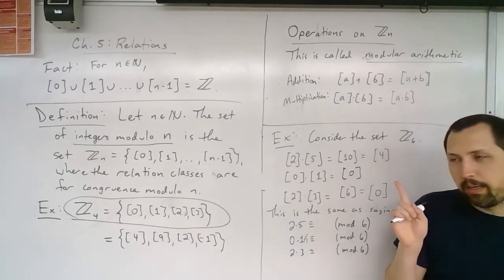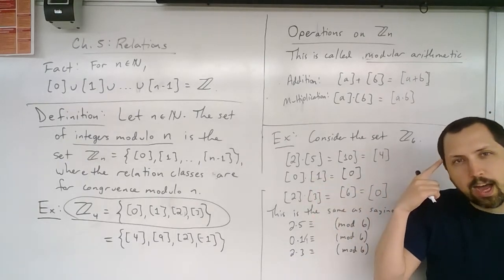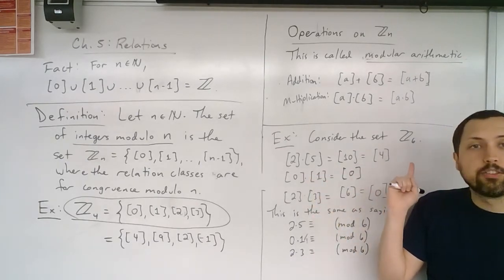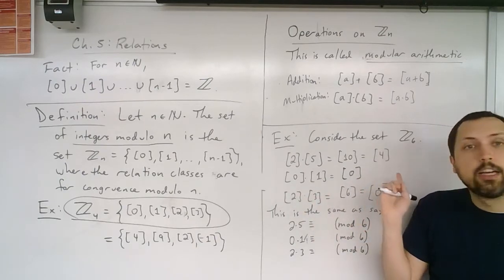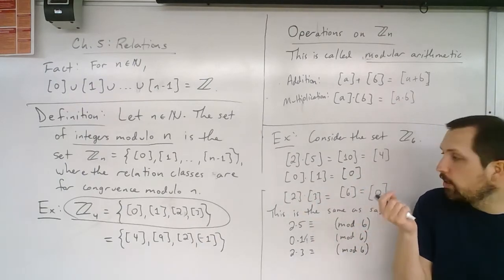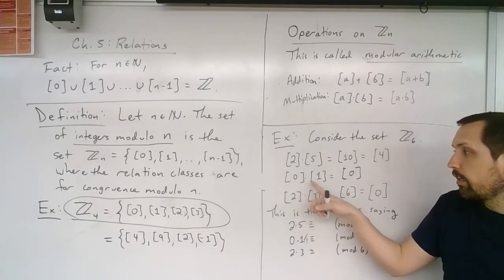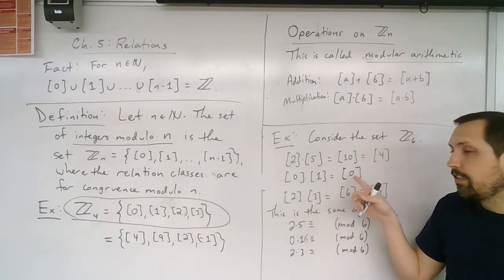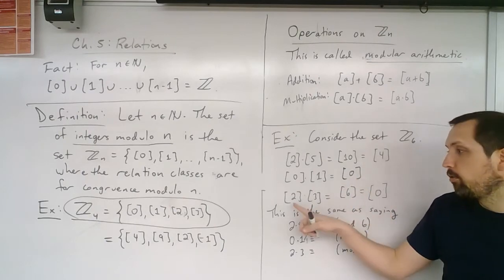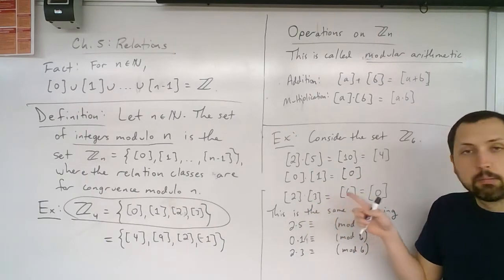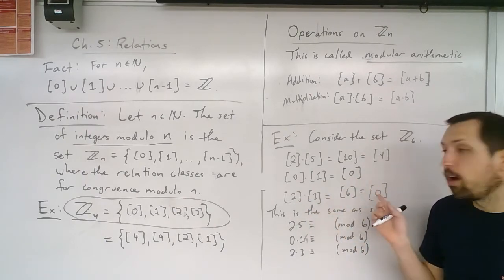So maybe store this example in the back of your mind: you just said 0 times 1 is 0, and you also said 2 times 3 is also equal to 0. That's a really good thing to notice, right? You now have two things that multiply to 0.